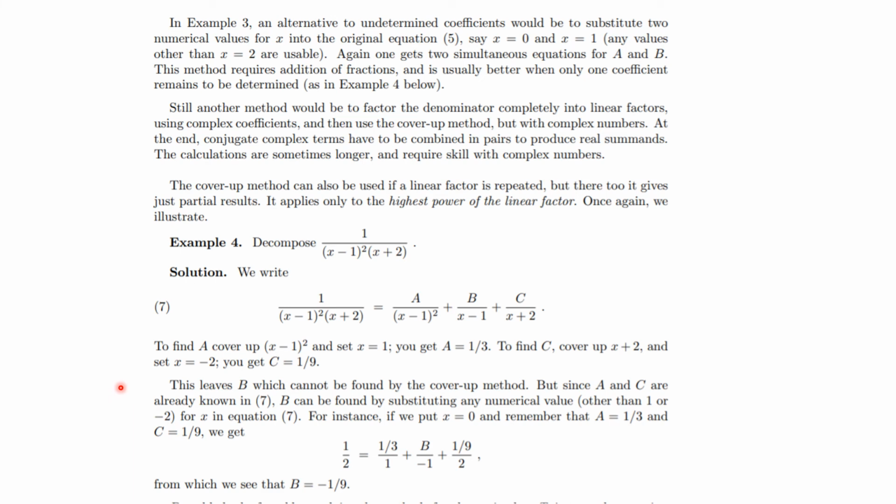You reduce the work by 2/3. So B can be found simply by substituting things in or solving. For instance, if we put x to be 0, and remember that A is 1/3 and C is 1/9, we can get that 1/2 is equal to 1/3, and this is 1/18, and this is −B. So we conclude that B is equal to −1/9.